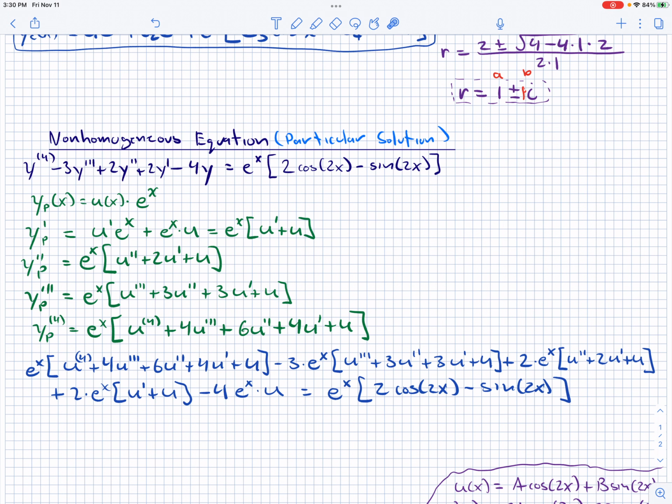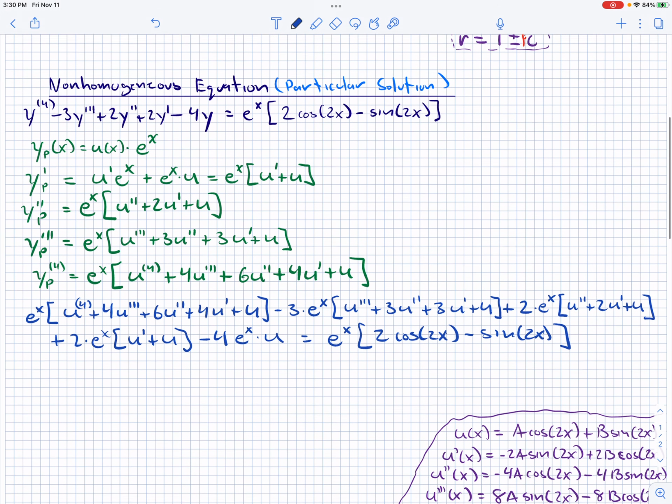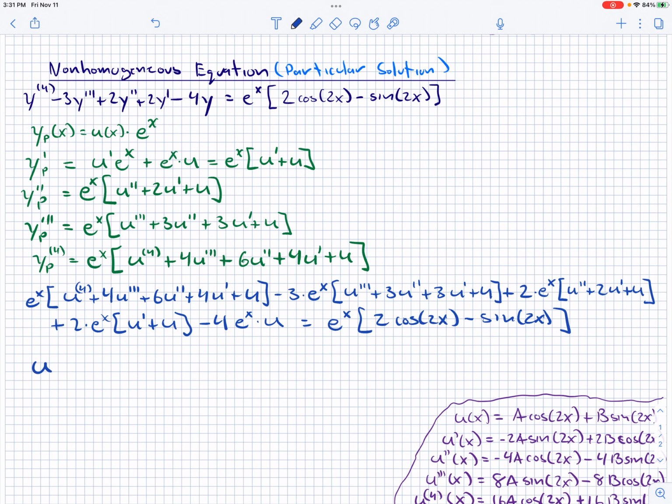And here you could see there's a commonality of e to the x, so we could essentially divide that out, and that will simplify things relatively nicely to u, the fourth derivative of u, plus u triple prime minus u double prime plus u prime minus 2u, all being equal to 2 cosine of 2x minus sine of 2x.